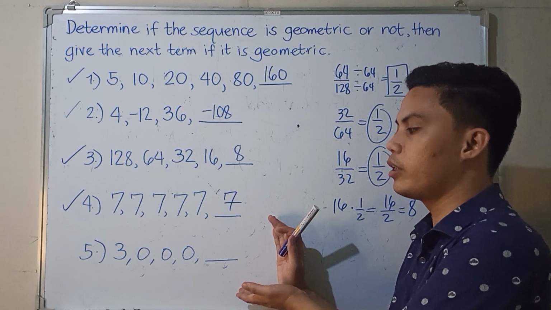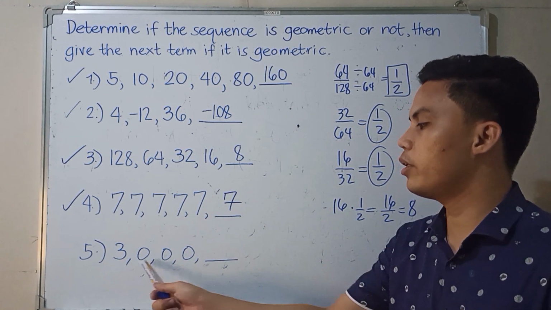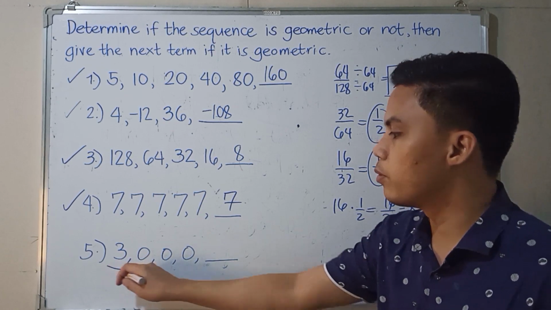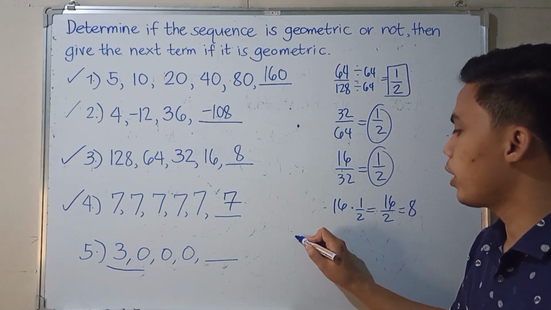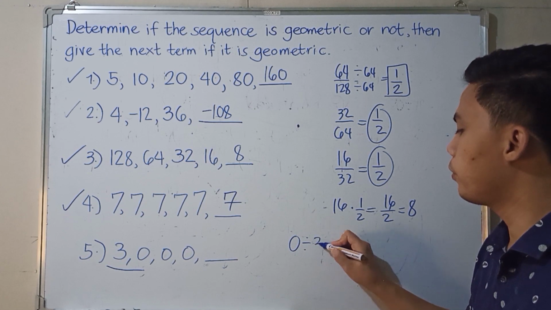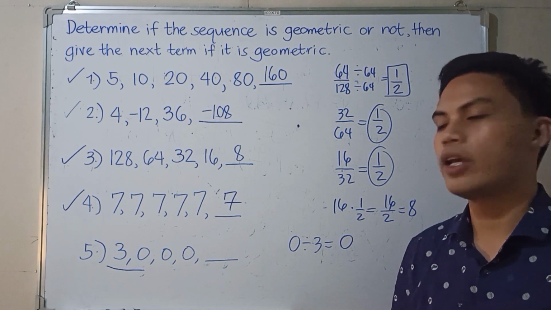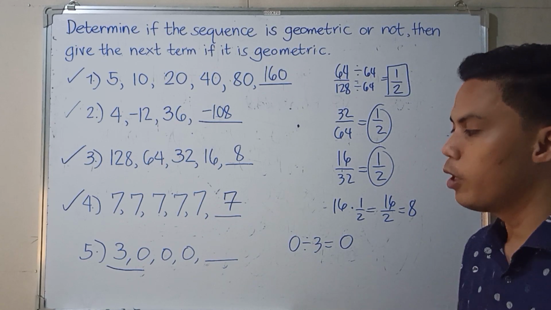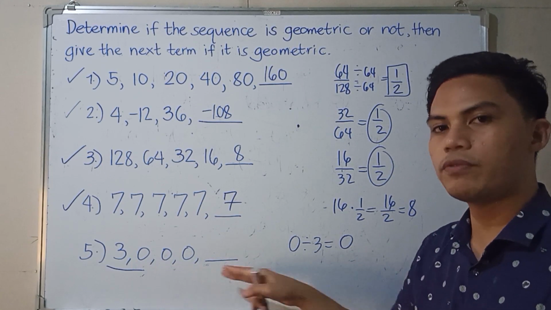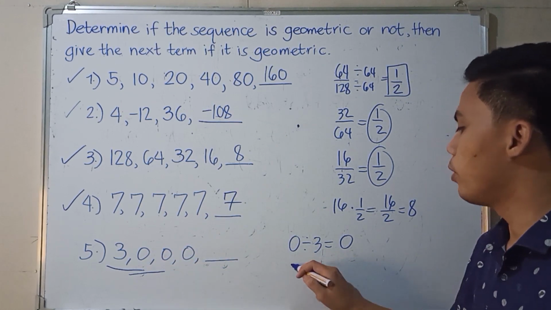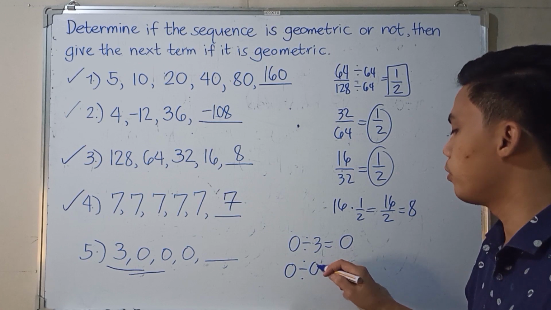Okay, how about number 5? Geometric sequence ba ang number 5? 3, 0, 0, 0. Okay. Let's try this. Second term divided by the first term. That is equal to 0. 0 divided by 3 is equal to 0. Pero, pagdating natin sa second, third, and fourth na term, halimbawa si second at saka si third, we have 0 divided by 0.